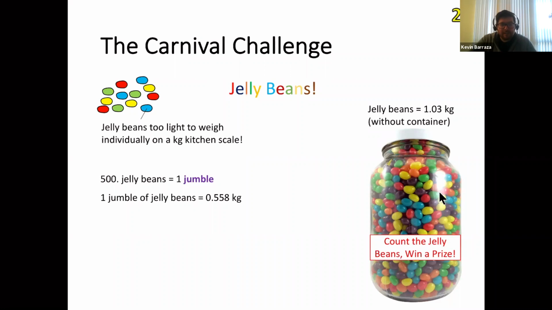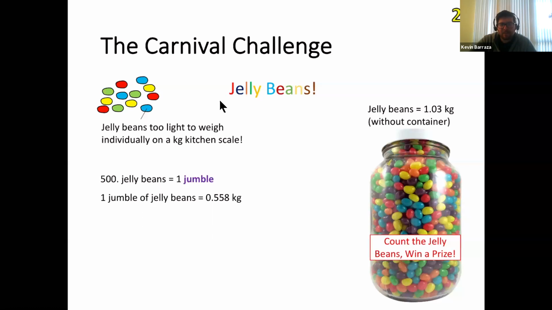So now I'm starting to get in business because I want to be able to count how many jelly beans I have. And I have a relationship. Well, one jumble of jelly beans is going to be 0.558 kilograms. Oh yeah, did I say 500?